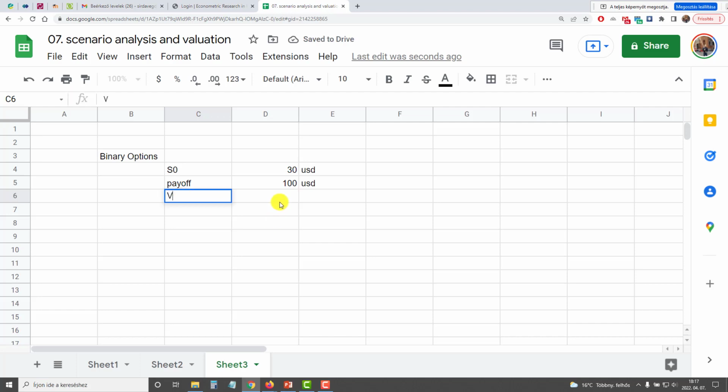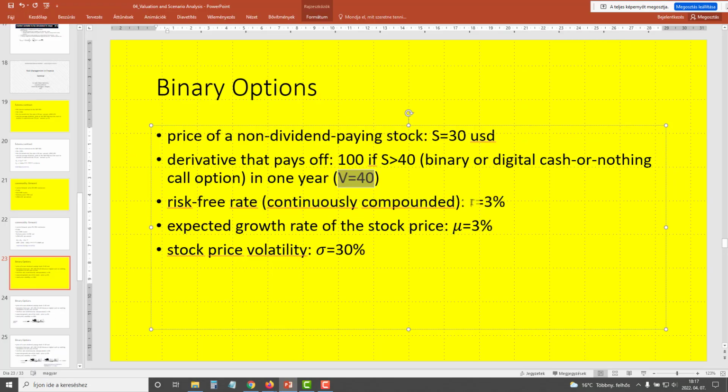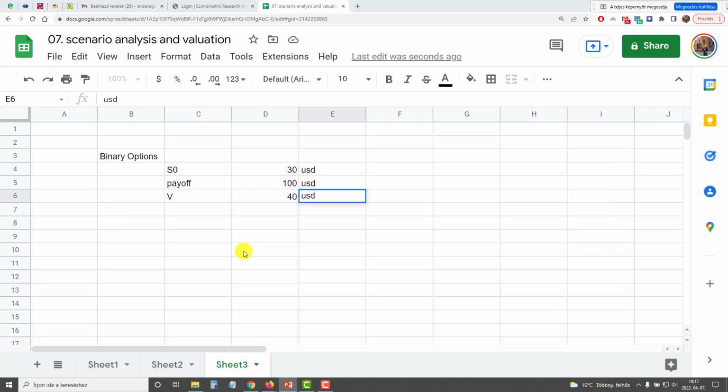The threshold when it pays is 40 US dollars. Right now, we can think about it, okay? And the risk-free rate, continuously compounded as always, is 3.